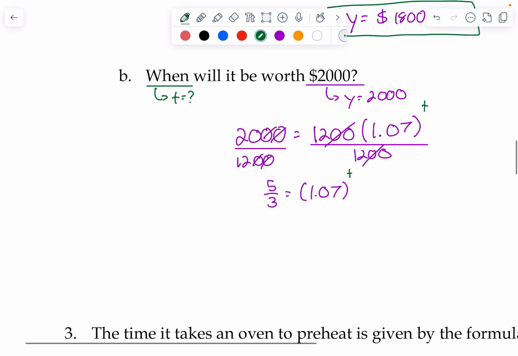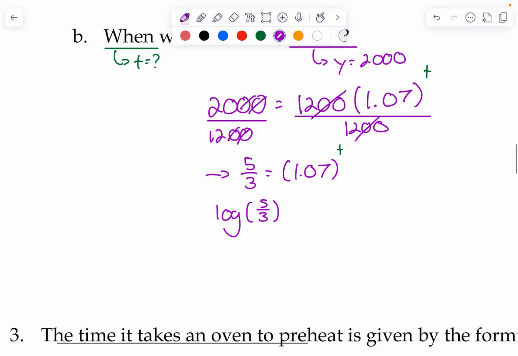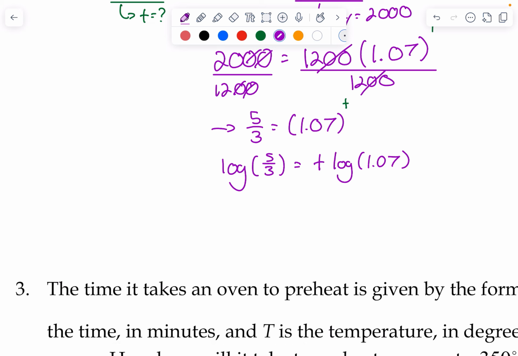And now you need to apply your logarithms to both sides. So we are going to have log 5/3. And by the way, it would have been okay if you just put 1.67. That's fine. So log 5/3 is equal to t log 1.07. And so if I'm isolating for t, I am going to divide both sides by log 1.07.